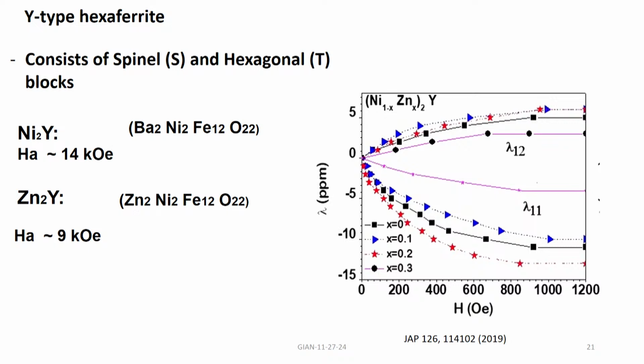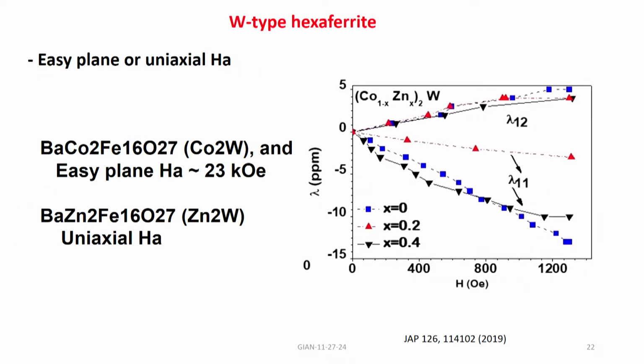For Y type, it can be anywhere from 9 to 14 kilo-Oersted, but these are in the C plane, and it has a little bit higher magnetostriction, some of them as high as 15. W type also can have either easy-plane or uniaxial anisotropy, and the magnetostriction is certainly much higher than what we get for M type.